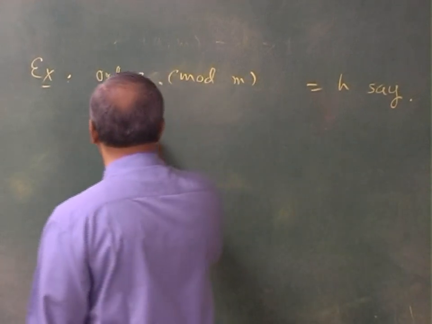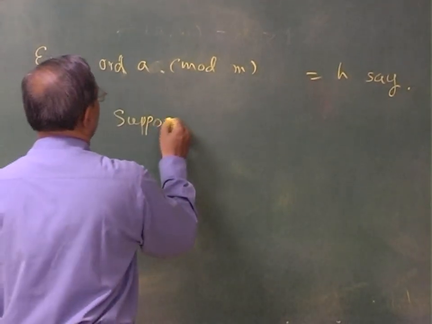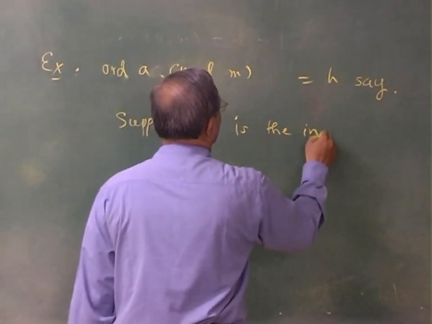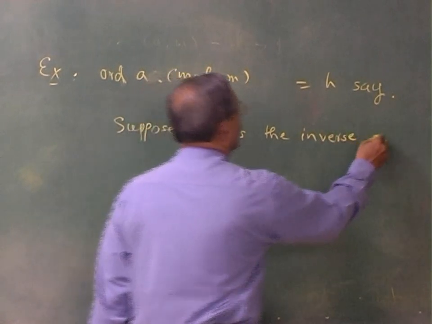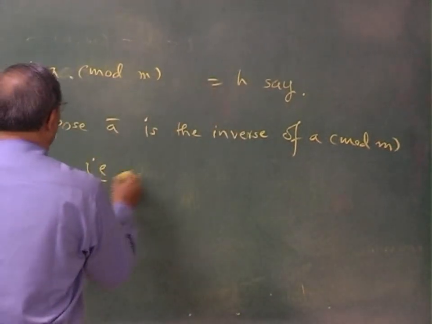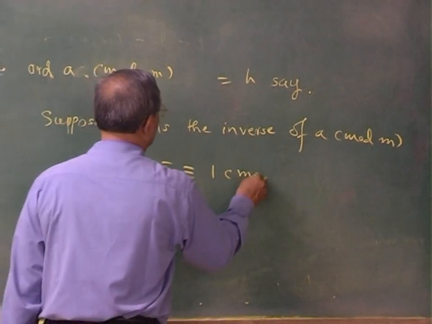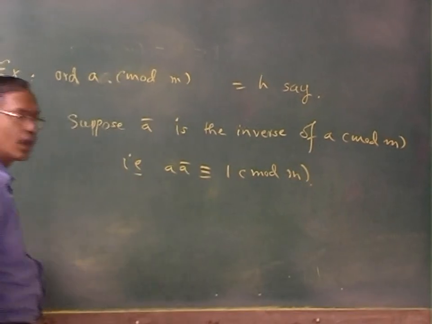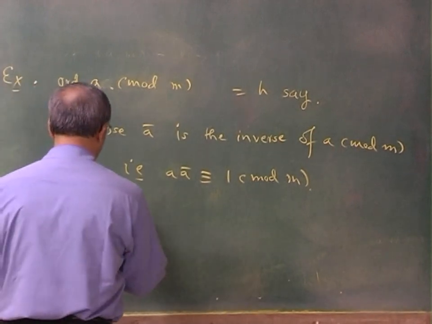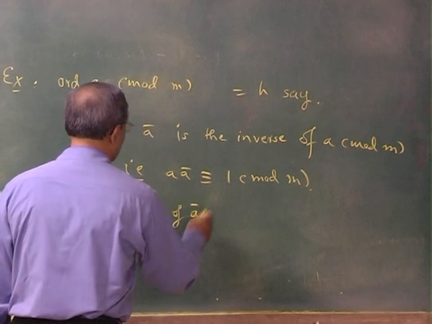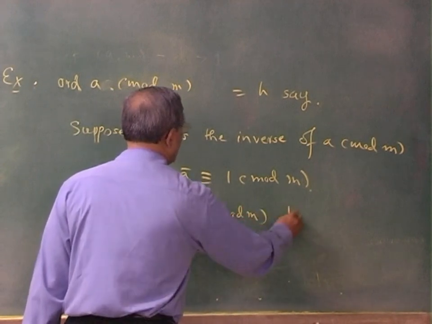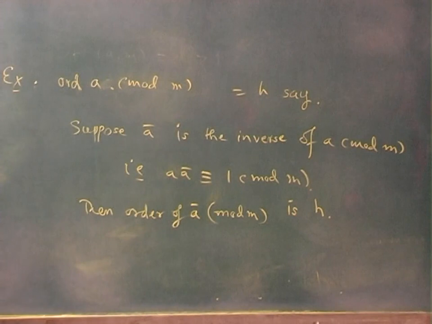Suppose A bar is the inverse of A mod M, that is, A A bar is congruent to 1 mod M. Then what is the order of A bar? It's also H. The order of A bar mod M is H, the same order.